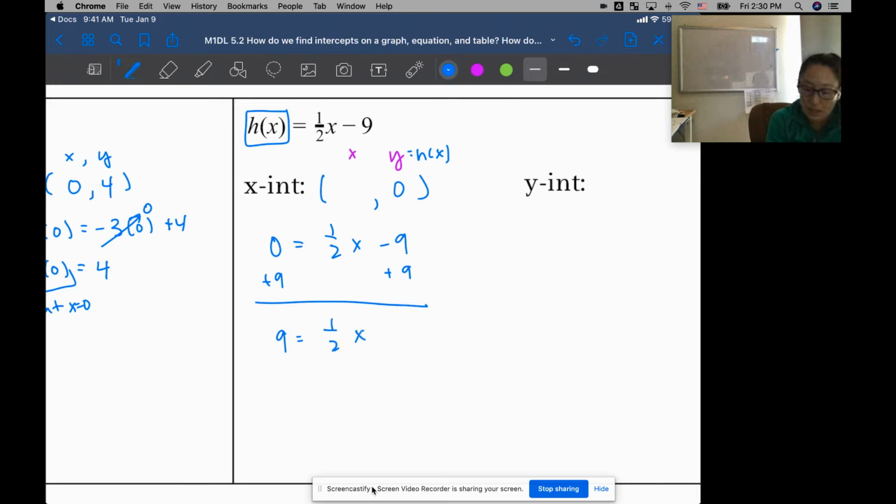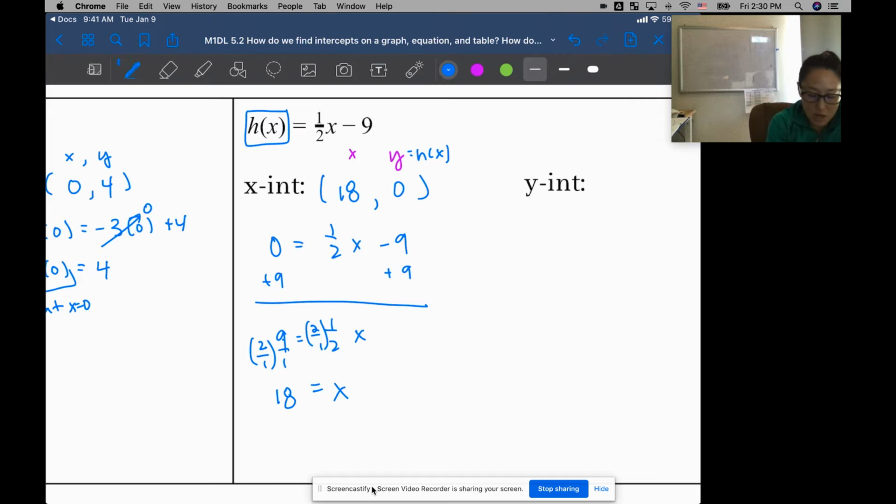To isolate x, we need to get rid of the 1/2, so multiply by the reciprocal, so 2 over 1. So I get 1x is equal to 2 times 9 is 18, and then 1 times 1 is 1, so 18 over 1. So my x-intercept is 18, 0.